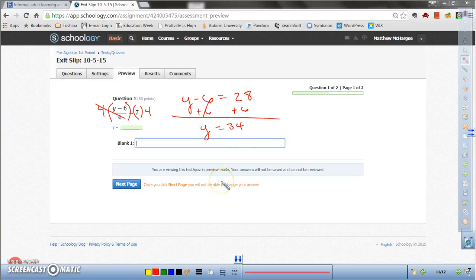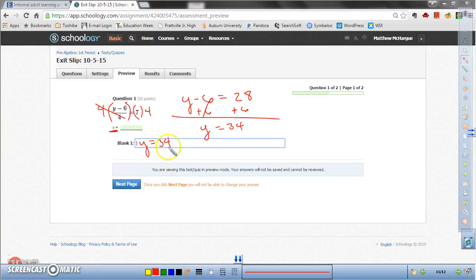All right, and while I'm thinking about this, on your test today, it's going to be formatted the same way as your exit slips were yesterday. Okay, so you've got your fill in the blank type problem here. I already have the y equals, so in the blank, all I need you to put is the 34. Just type in the number 34. Do not put y is equal to 34 in the blank.